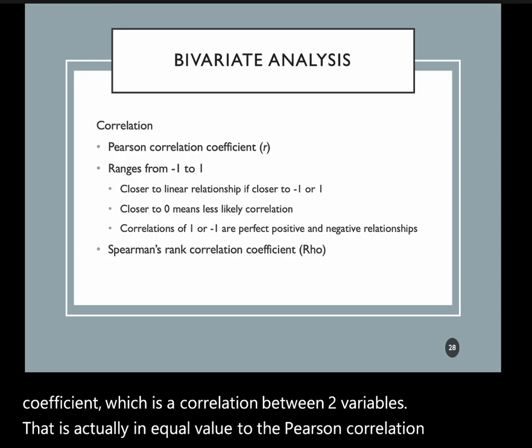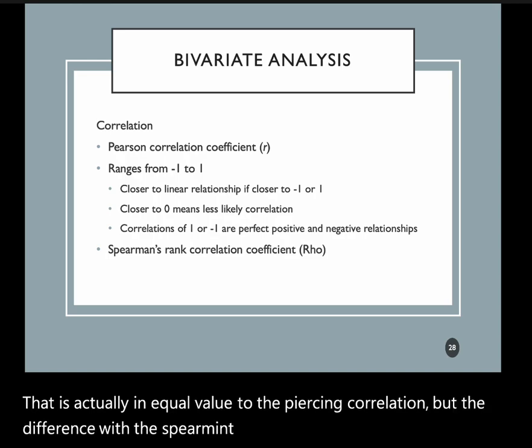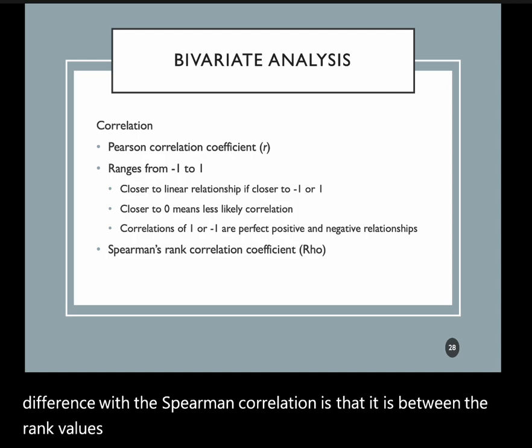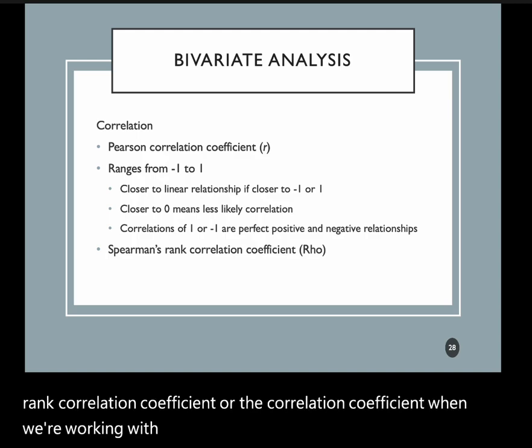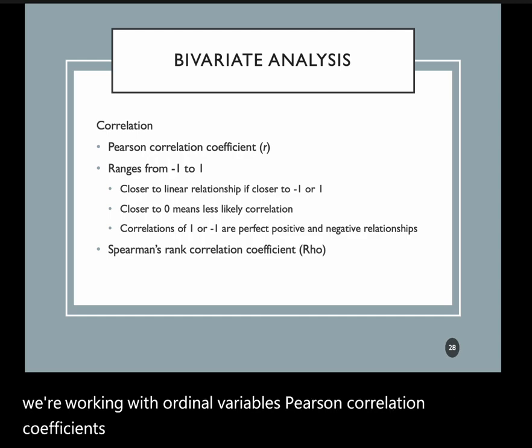But the difference with the Spearman correlation is that it is between the rank values of two variables. So we specifically use the Spearman rank correlation coefficient, or the rho correlation coefficient, when we're working with ordinal variables. Pearson correlation coefficients can be used with interval and ratio variables.